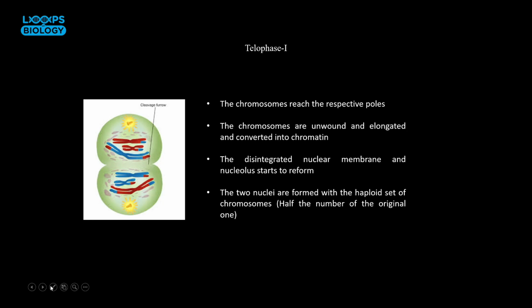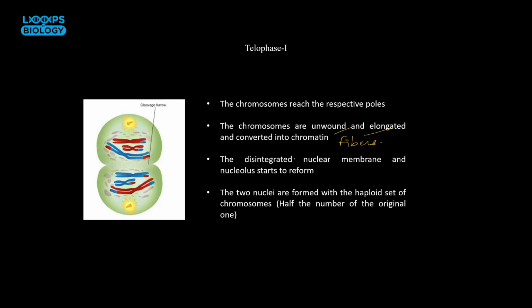Alright. Finally, the telophase. As soon as your chromosomes reach the respective poles, there will be unbinding and elongation of the chromosomes, converting them into chromatin fibers. There will be disintegration of the nuclear membrane and the nucleolus will start to reform.